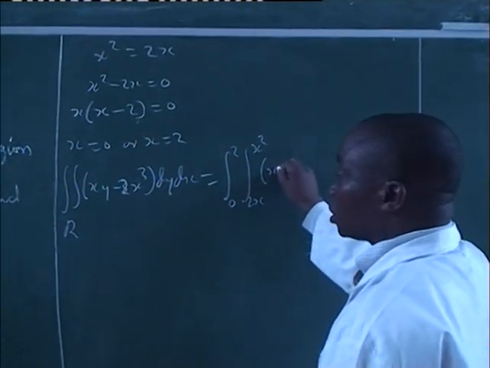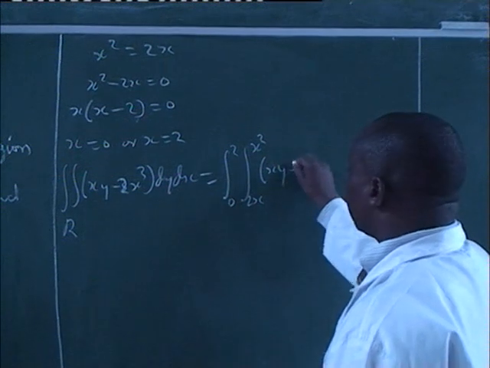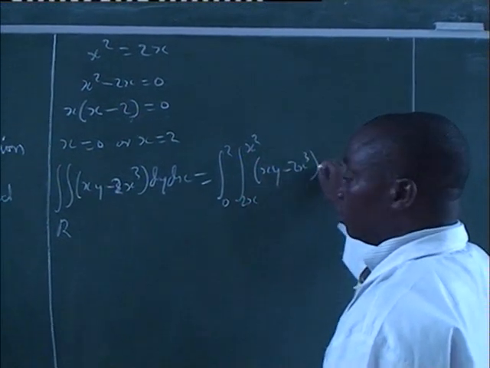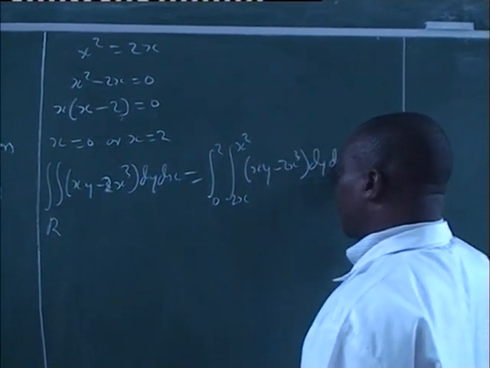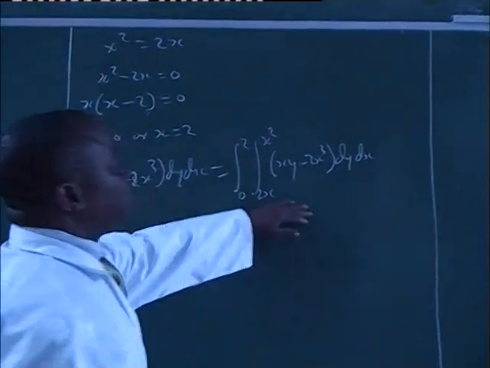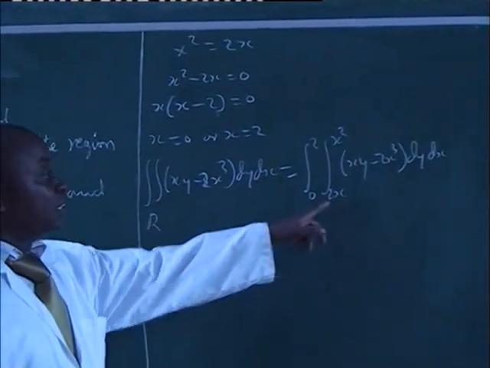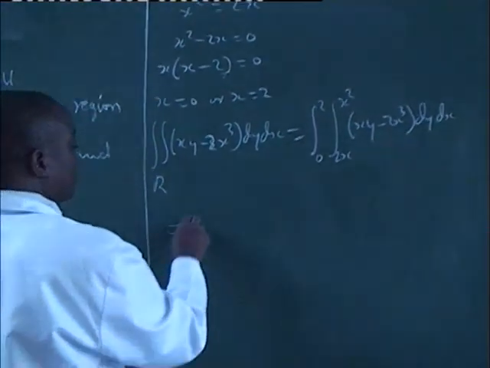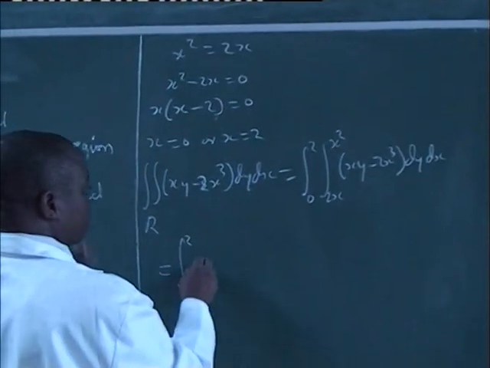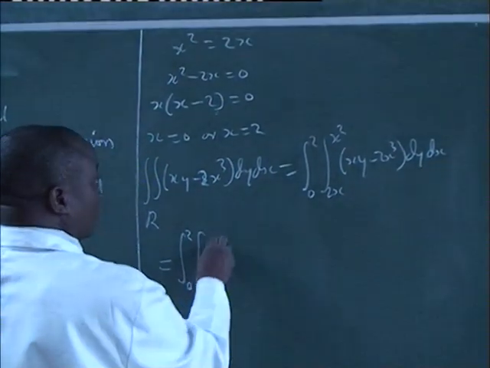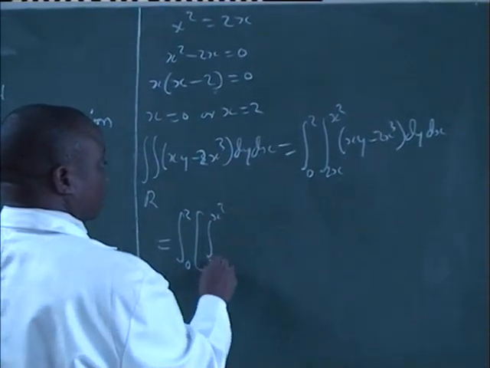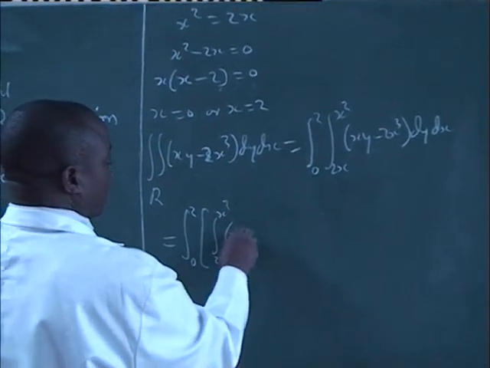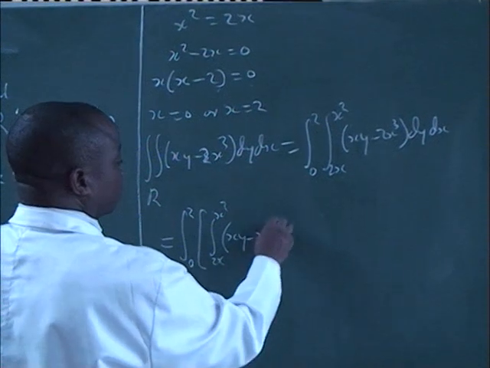Then we have xy minus 2x cubed, then dy dx. So we are able to transform it.